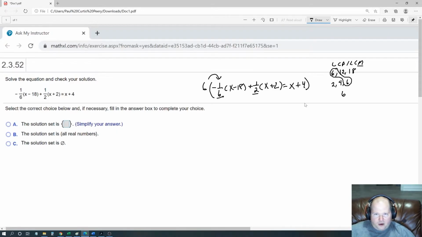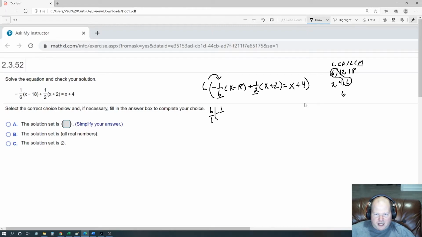Since this is 6 times negative 1 over 6, and I'm multiplying by a fraction, I'm going to create a fraction out of the 6. If you have a whole number like 6, it's understood to be over 1 by default.